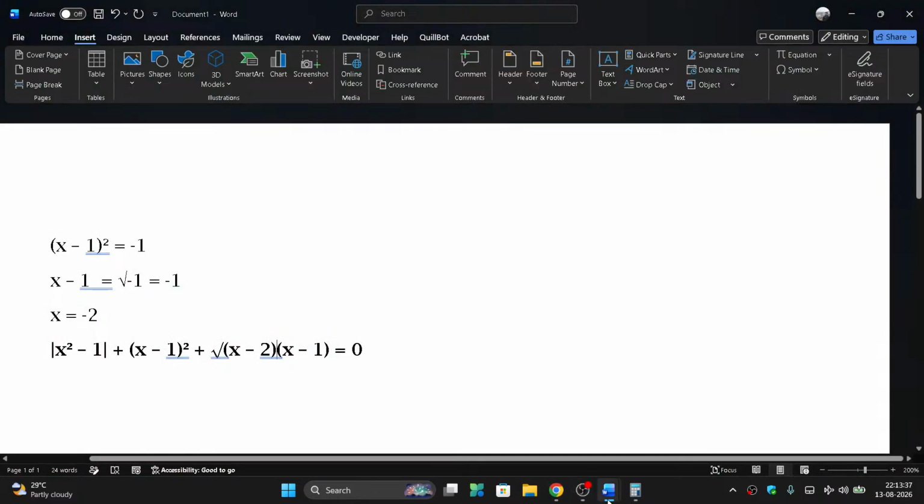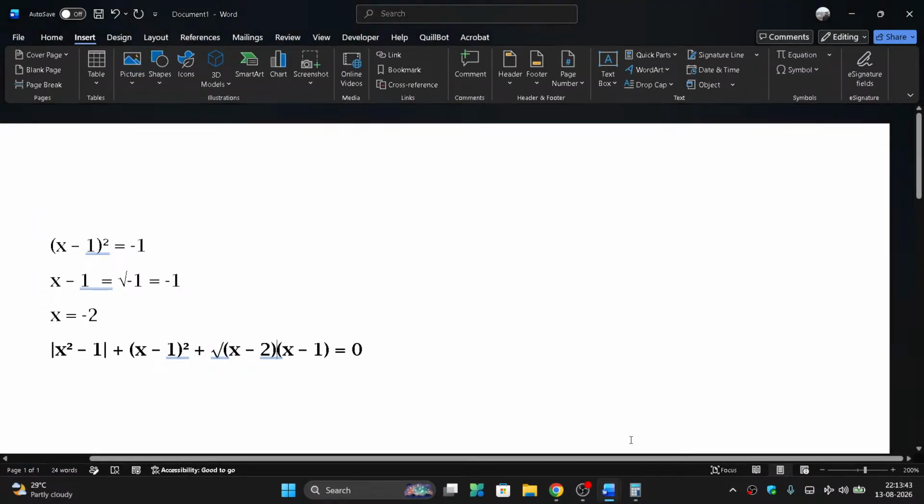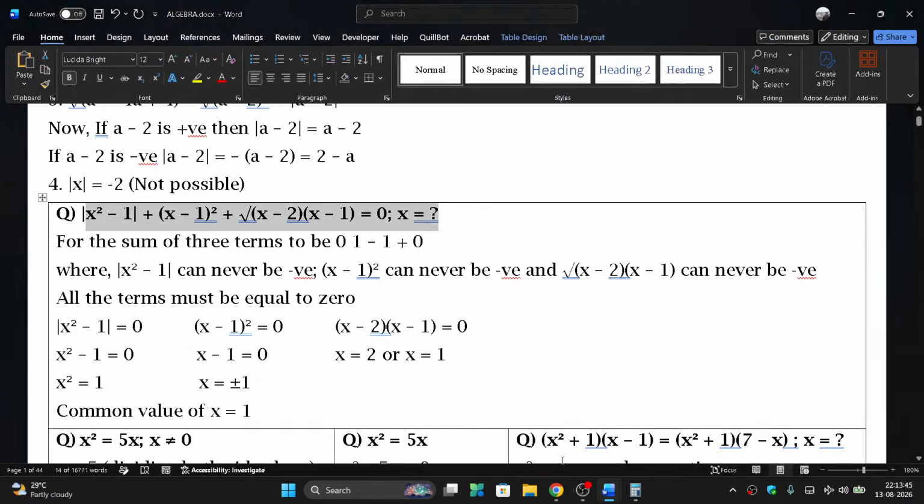We already know that if anything is under root, like this one, no, this is not under root, but still, I have written here that for the sum of 3 terms to be 0, x square cannot be negative because it is modulus.